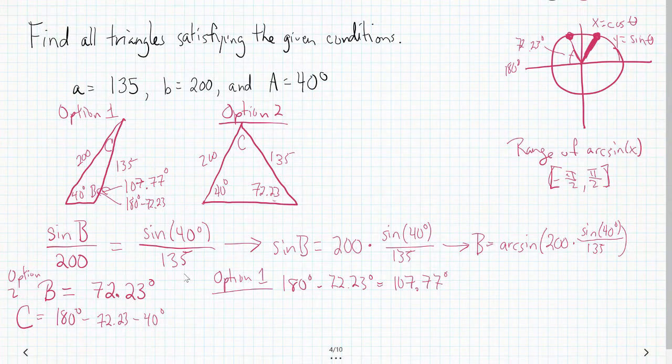So we already knew that this part's 107.77 according to that last piece. And then after that, if we subtract an extra 40, we should get 67.77. So this C value should be 67.77 degrees.